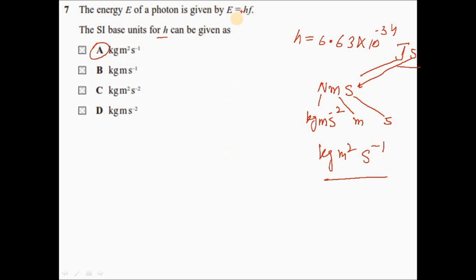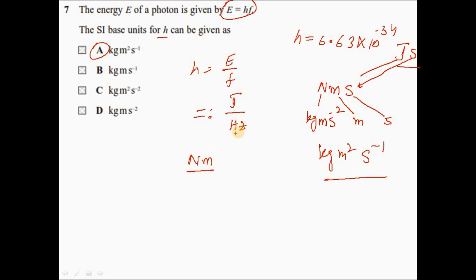Or you can use the given equation to figure out the unit of h. h is equal to energy over frequency, and energy is joule, and frequency is hertz. Moreover, joule is again Newton meter, divided by hertz.